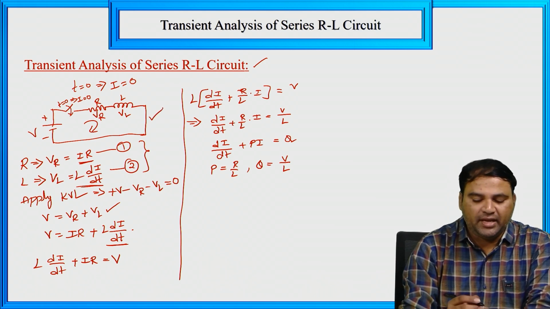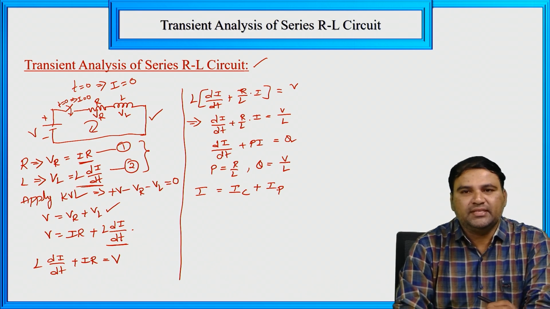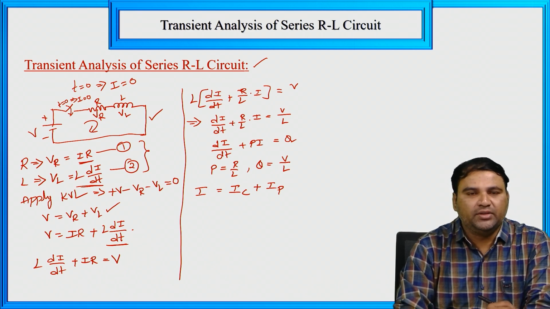For that, we have the total current I equal to complementary function plus particular integral. By using this, we find the total current response of the given circuit.